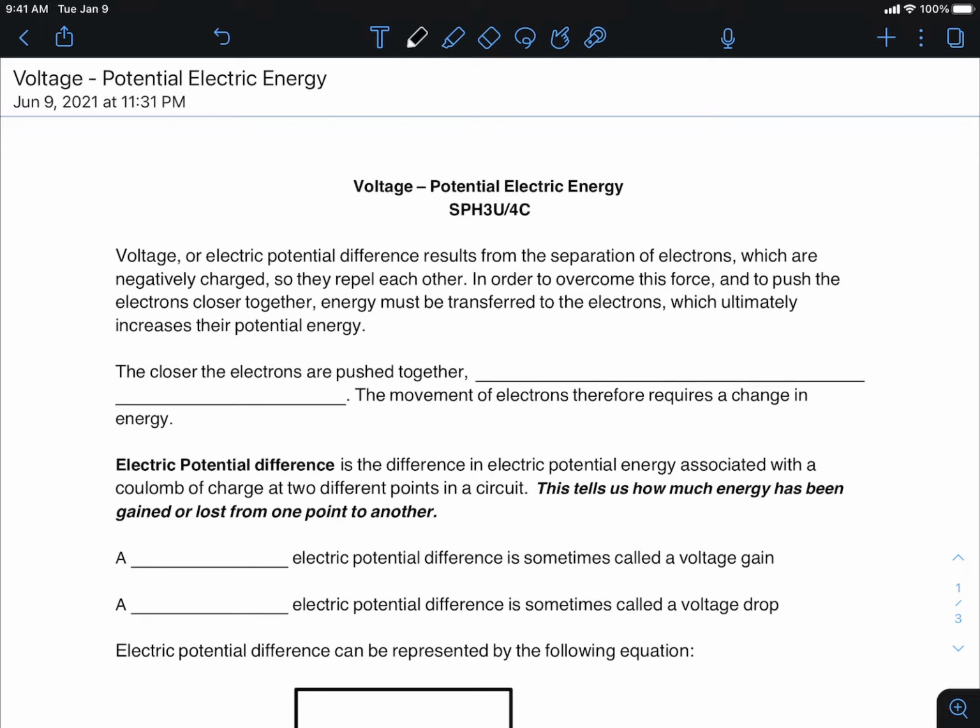So the closer the electrons are pushed together, the larger the electric potential energy. And then the movement of electrons therefore requires a change in energy, much like the change in kinetic energy.